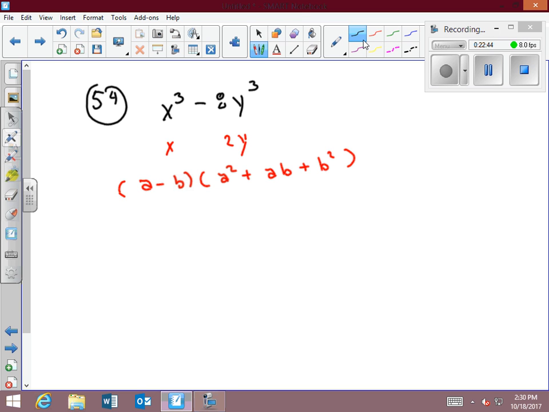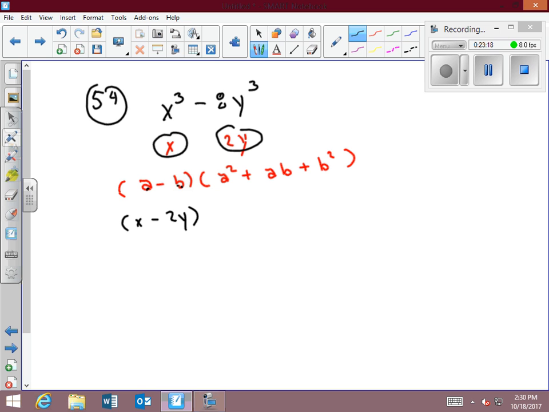So what am I going to write? A is X minus B is 2y, isn't it? See, it's just plain AB. This is the B, this is the A. It's what's being cubed.